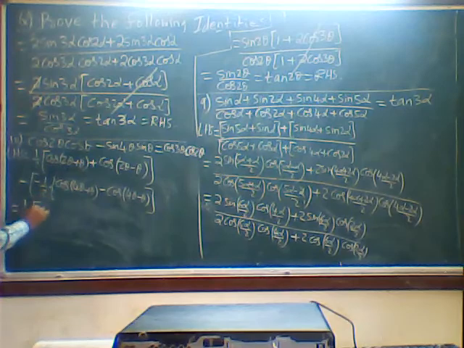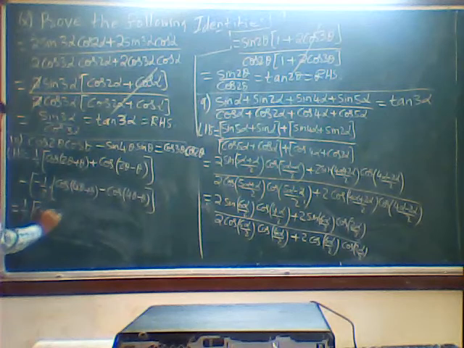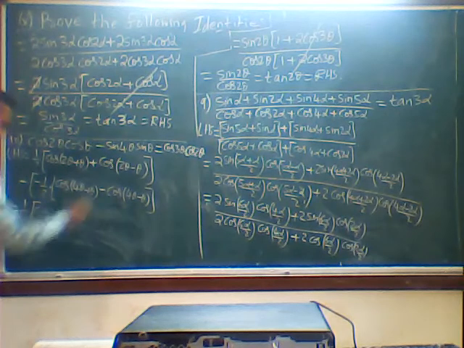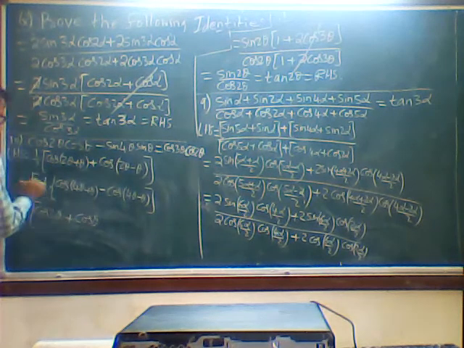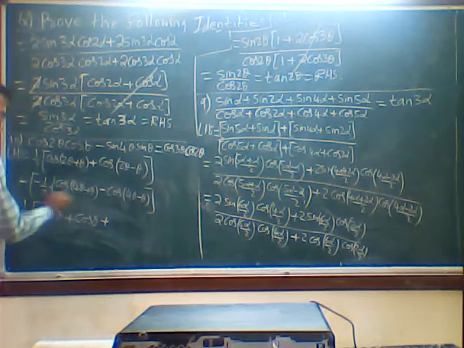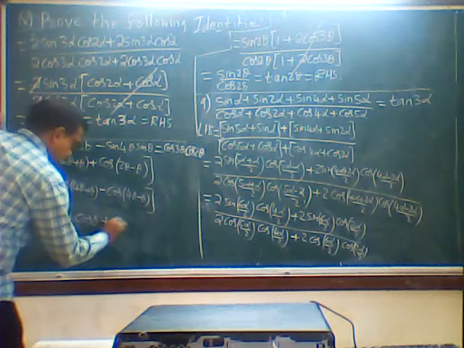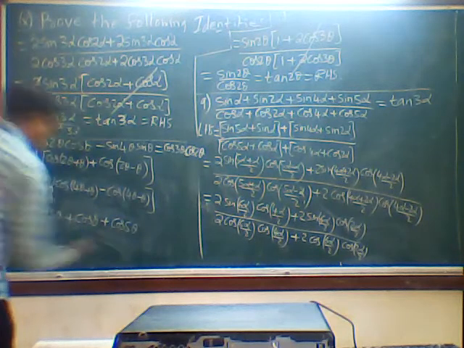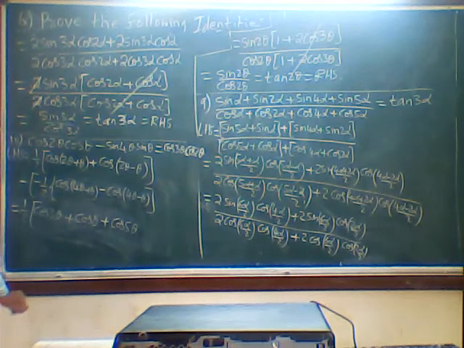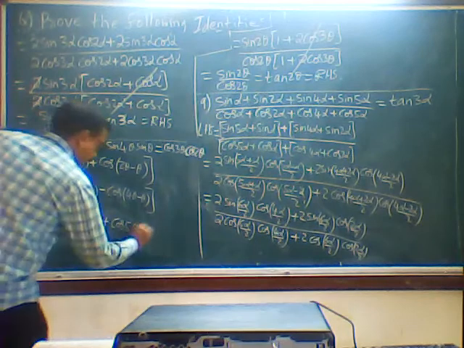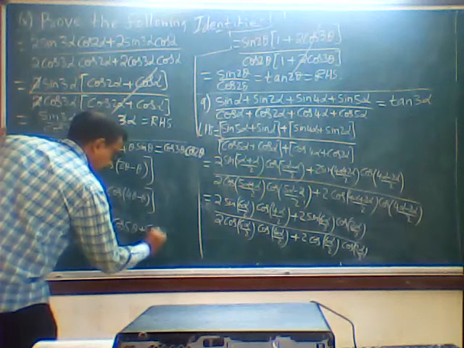Cos 2 plus 1 is 3. Cos 3 theta plus cos theta. Then minus into minus plus cos 5 theta. Then minus into minus again plus. What is cos 3 theta?